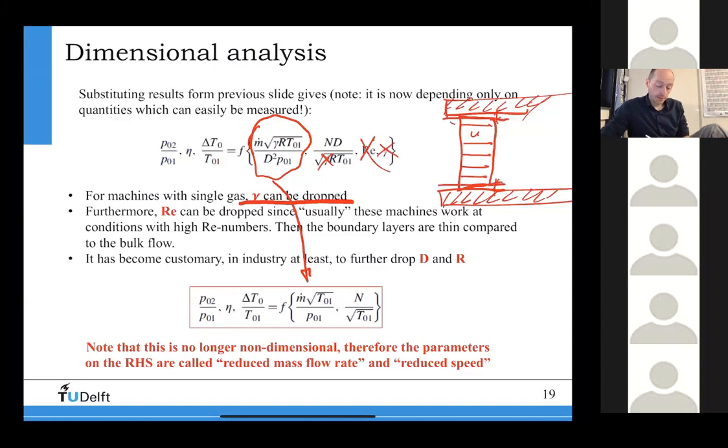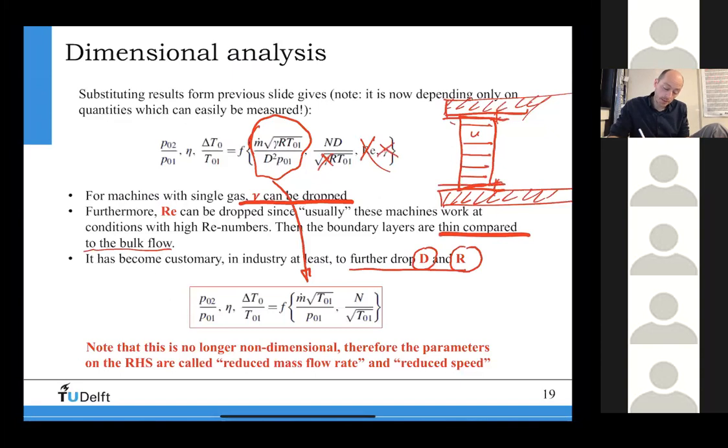But in this case, you can say that the boundary layers are very thin compared to the bulk flow, which is this here. And then it has become customary in industry, at least, to further drop D and R. D is the diameter of the machine, and R is the gas constant, right?